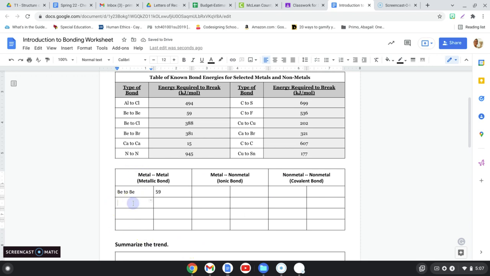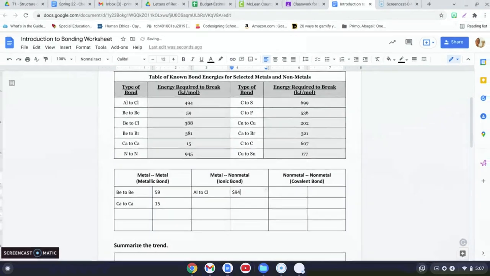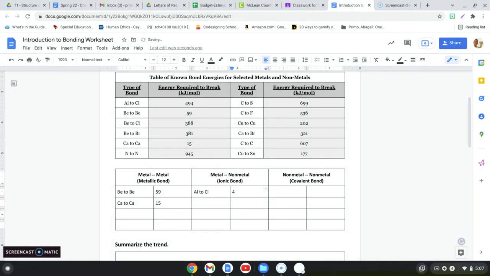Any of them that are metals go in this column. And then a metal to non-metal, and so on, all the way down. And then a non-metal to a non-metal would be something like carbon to carbon.